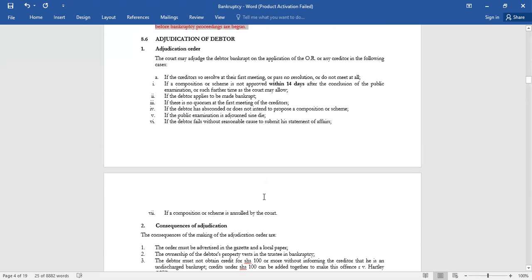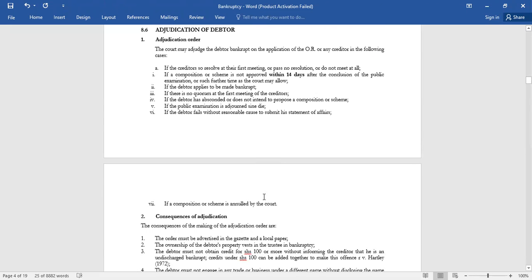So you are given some time to clear yourself. And lastly, if a composition or scheme is annulled by the court. You can constitute a payment mechanism, but the court will be working on precedents. If they realize there are elements of fraud, there isn't need of wasting time. They'll go ahead and annul and instead adjudge you as bankrupt.